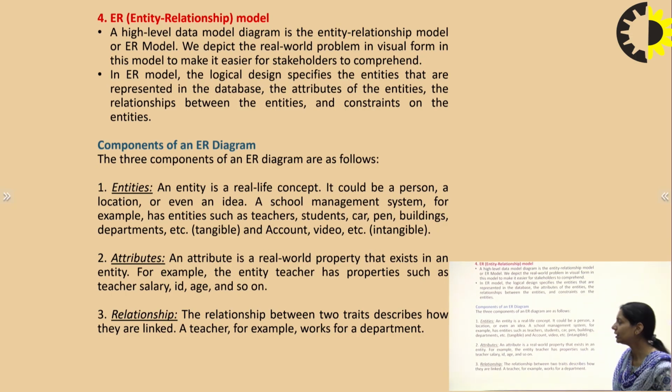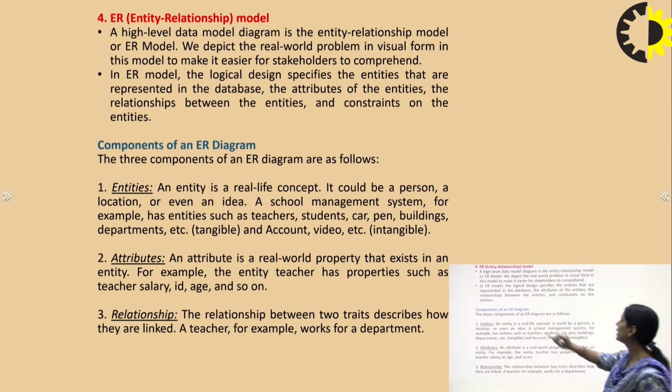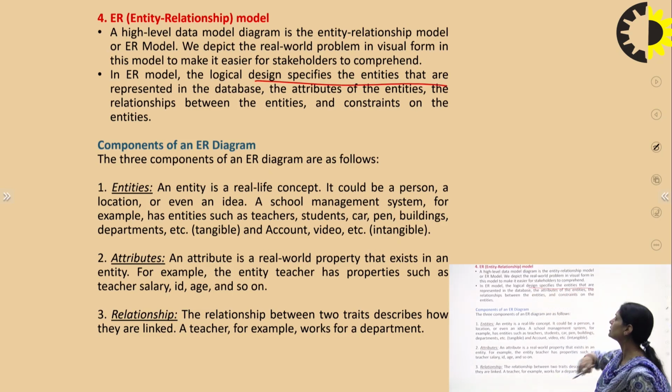So understanding the ER model: it is a logical design which specifies that the entities are represented in the database. They have certain attributes. Attributes means the properties which identify an entity.